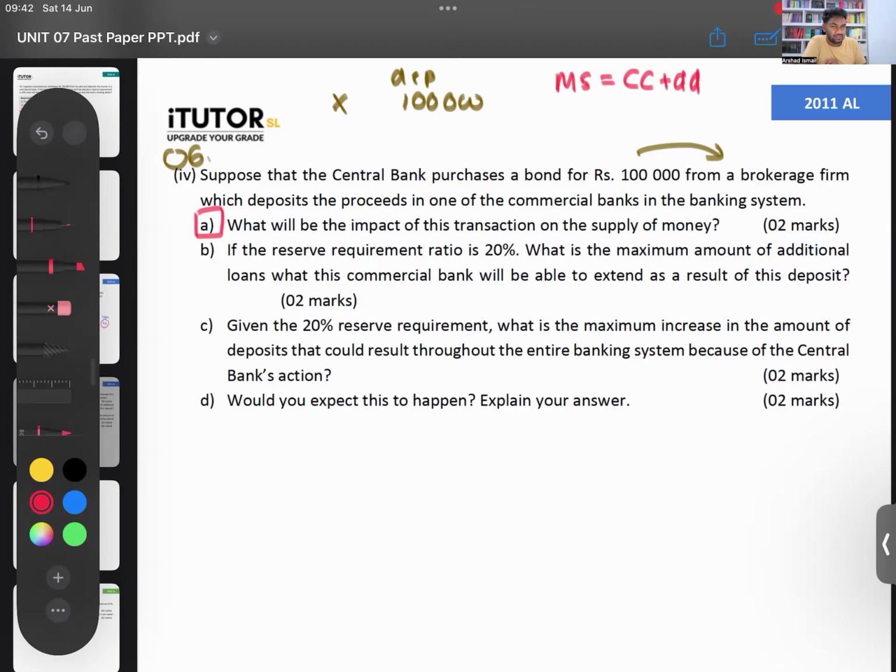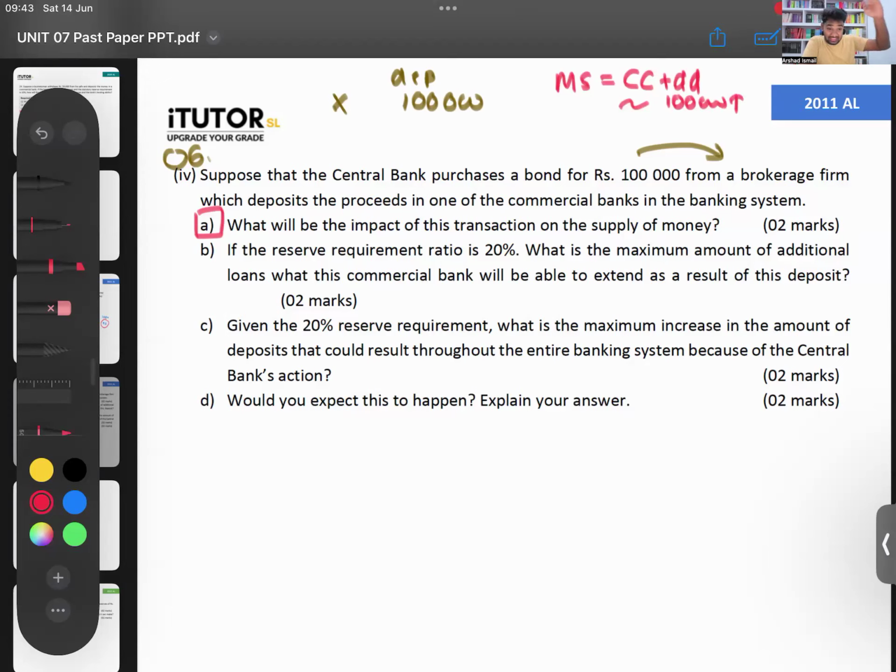Did any customer deposit or withdraw money? Nothing like that happened. Currency held by the public, there is no change. But what happened is the central bank injected 100,000 by purchasing a bond, and then that money came into a commercial bank. So demand deposits went up by 100,000. That was the immediate impact.